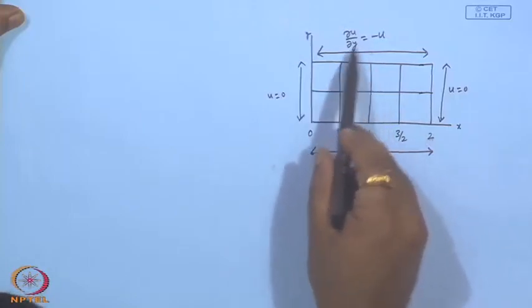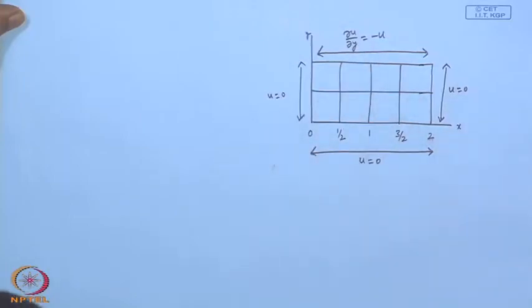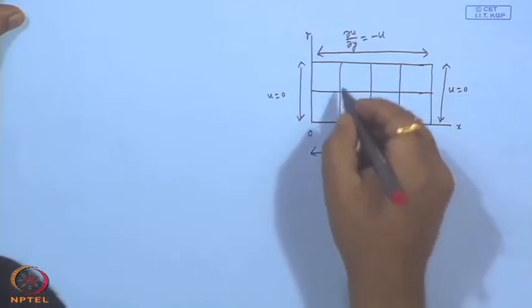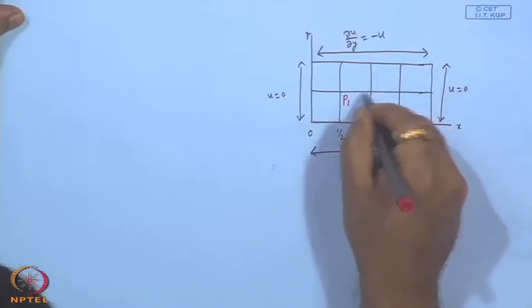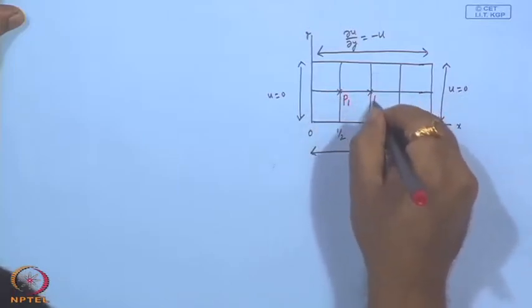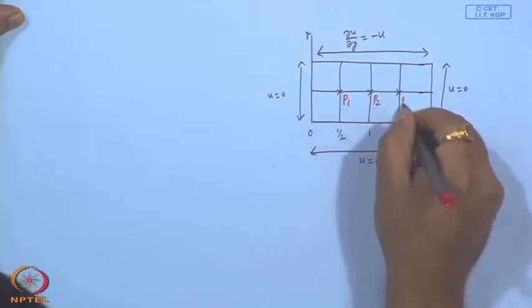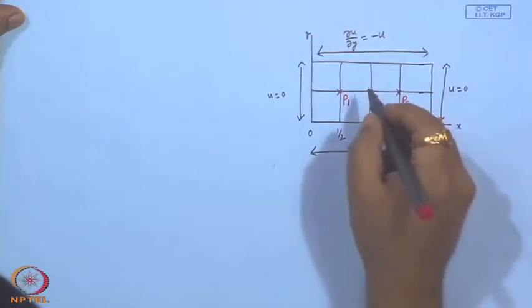However, since we have a derivative boundary condition, we have to number the unknowns P 1, P 2, P 3.